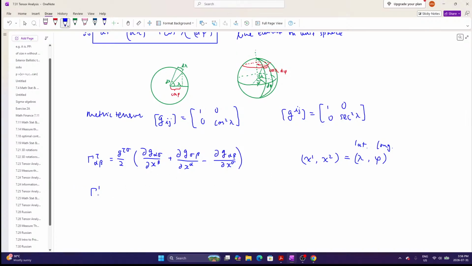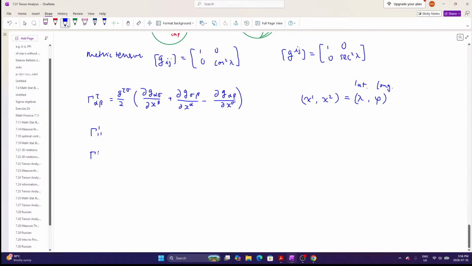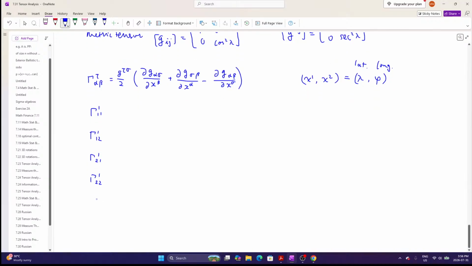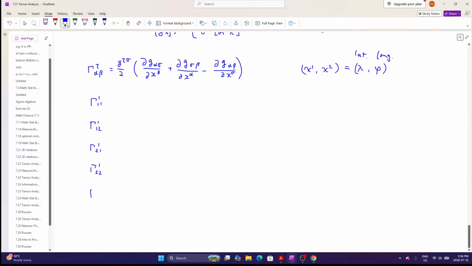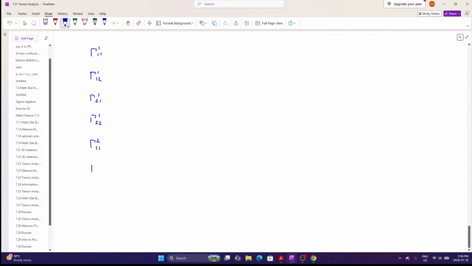Gamma 1, 1, 1, to 8 of them, as earlier. Gamma 1, 1, 2. Gamma 1, 2, 1. Gamma 1, 2, 2. We've got gamma 2, 1, 1, gamma 2, 1, 2, gamma 2, 2, 1, and gamma 2, 2, 2.